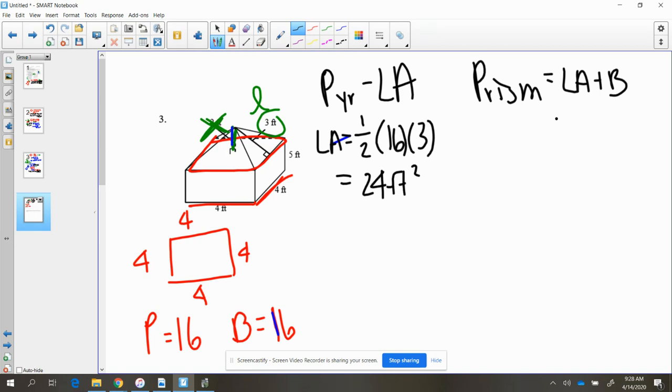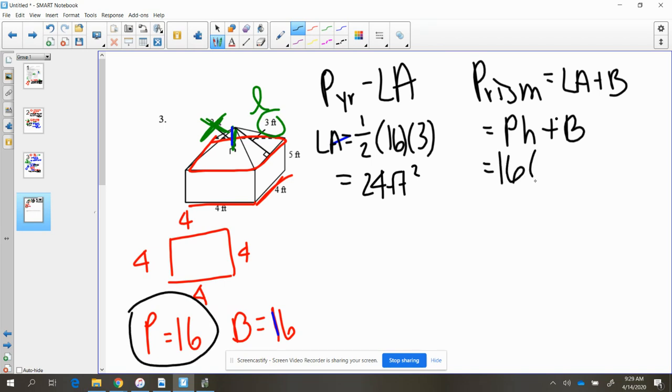Now the prism needs to take the lateral area, aka the perimeter of the base times the height of the prism, and add to it the area of the base. Well, same perimeter of the base as it was for the pyramid. The height this time, be very careful, is the height of the prism, which is 5 feet.